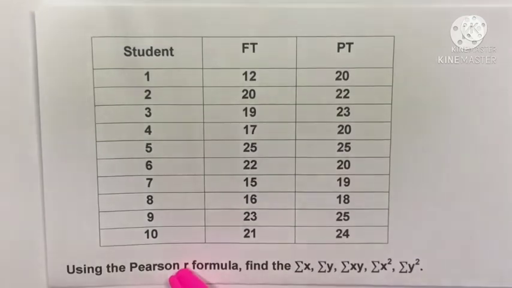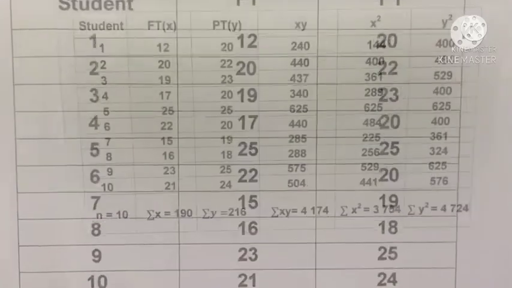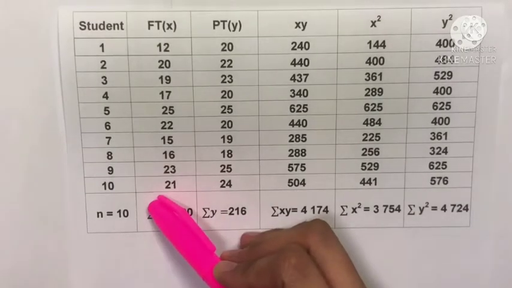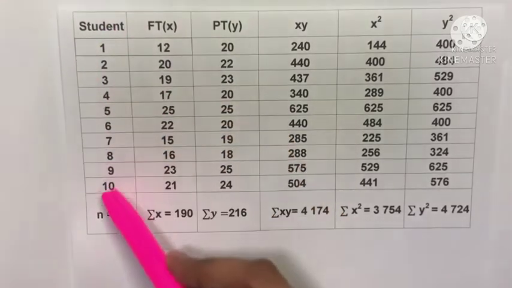So using the Pearson r formula, we will just find the summation of x, summation of y, summation of xy, summation of x squared, and summation of y squared. Okay, so here's the table. We have here n equals 10 because we have 10 students.